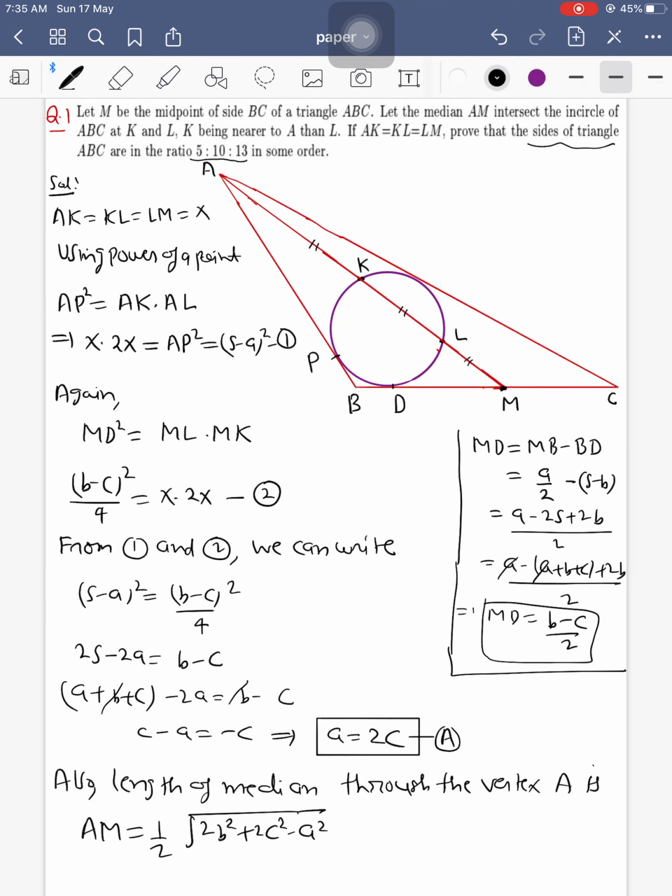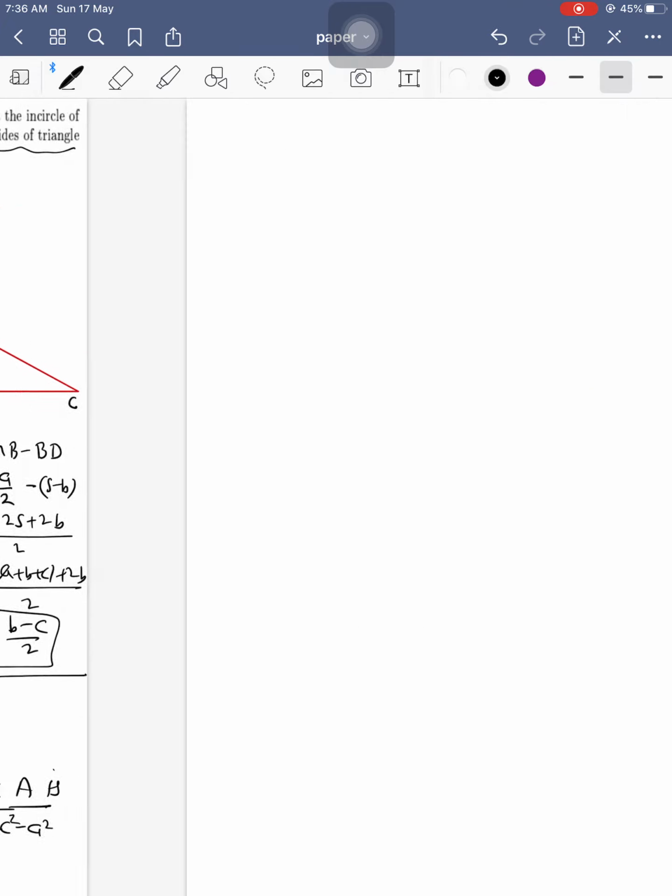And AM is what? AK, KL, LM all are X, therefore AM is 3X. 6X equals root of 2B square plus 2C square minus A square. Okay, move to the next page.